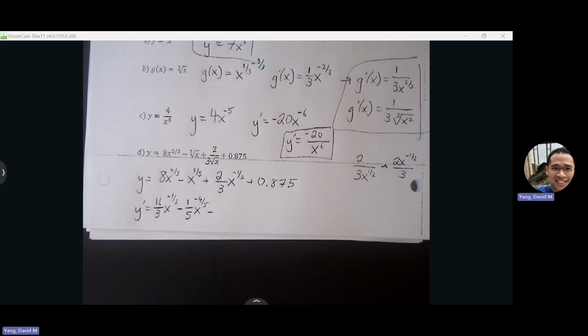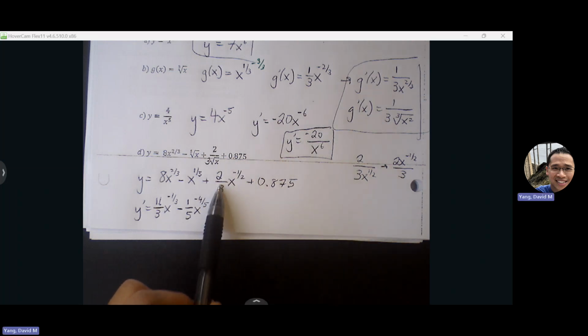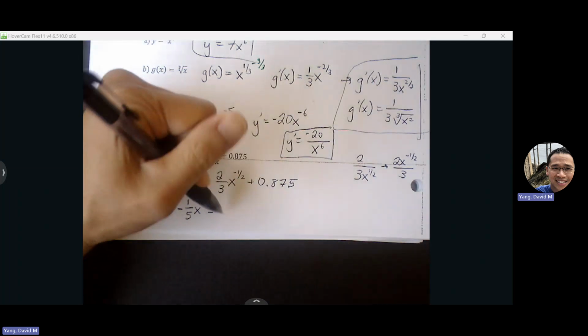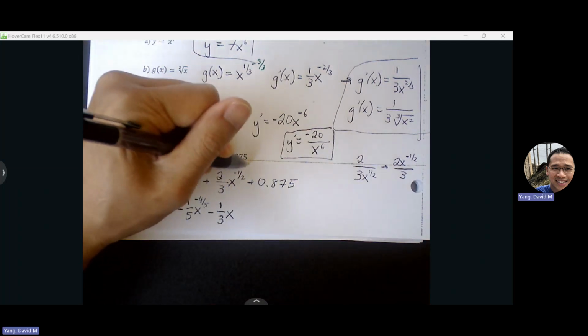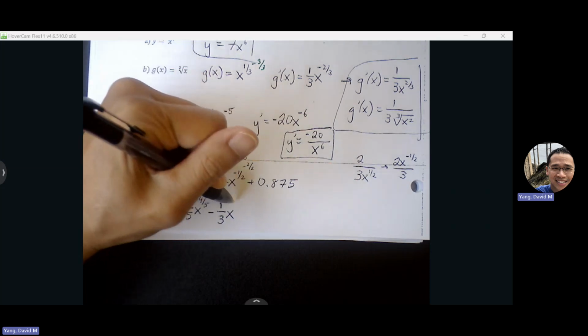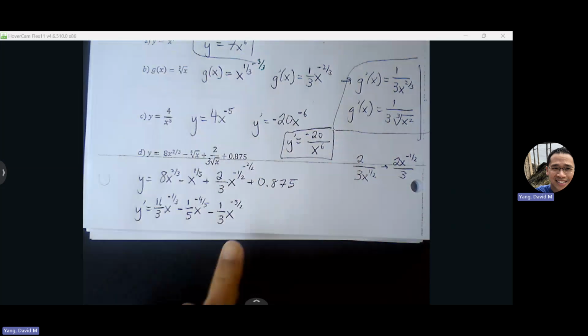What do I do? Yeah, so negative 1/2 comes down, multiplies with 2/3. So I can make it negative 2/6 or negative 1/3. And I subtract 2 over 2, so negative 3/2.